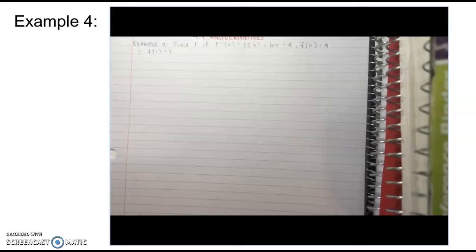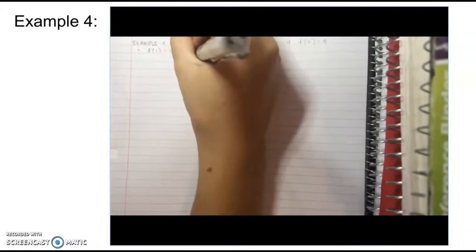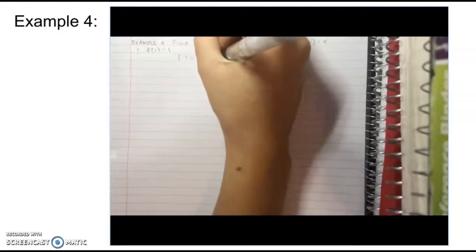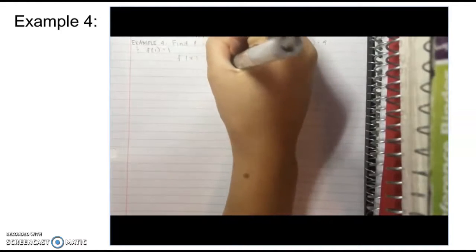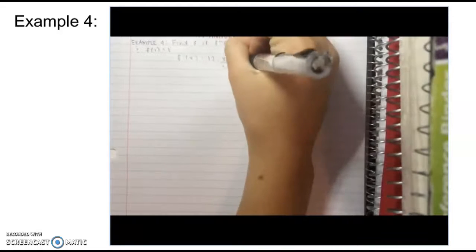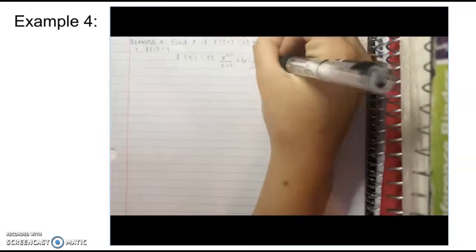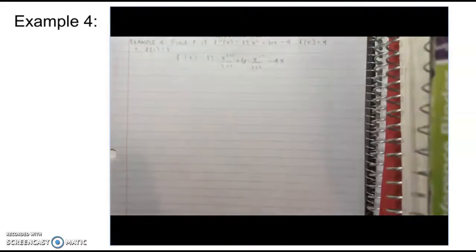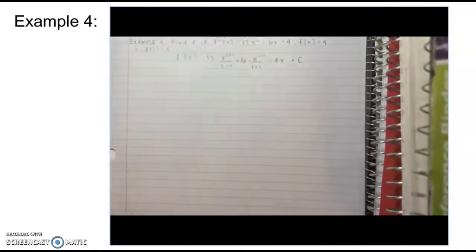So we're going to take this one step at a time, and we're going to take the first antiderivative, which will be f prime of x equals, we'll write it out step by step so it's easy, 12 times x to the 2 plus 1 over 2 plus 1, plus 6 times x to the 1 plus 1 over 1 plus 1, minus 4x, since when you take a derivative, the variable goes away, plus c. Don't forget the c.